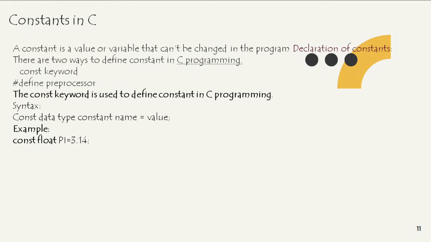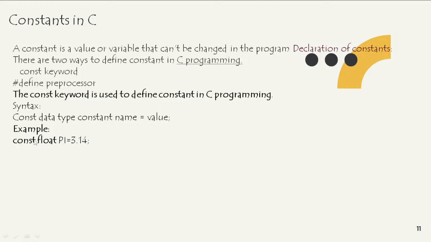The const keyword is used to define a constant in C programming language, and here is the syntax. We write const in small letters because the keyword is always written in small letters, then we specify the data type, provide the constant name, and we must use an equal symbol and assign some value to the constant.